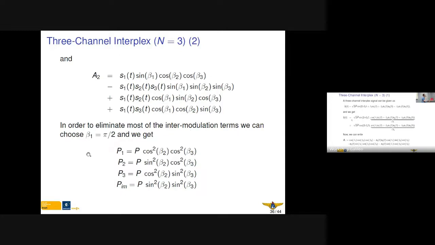And when we choose beta 1 again equal to pi over 2, we end up with 3 useful signals plus an intermodulation product, and all the other terms become 0 because of this choice of modulation angle. This is already good because we're only wasting power in this intermodulation product, and all the other power is distributed to the useful signals that transmit information.